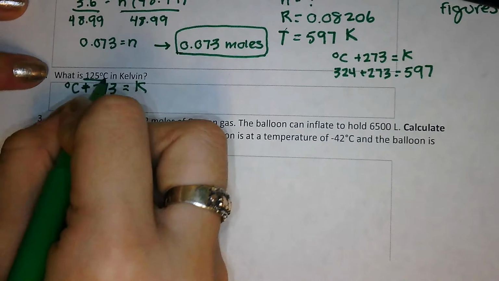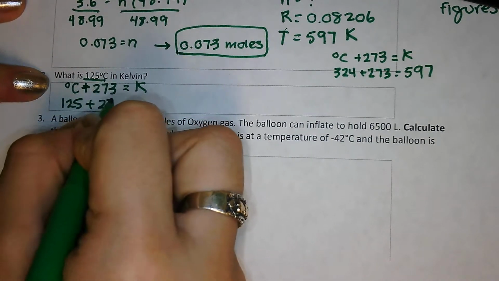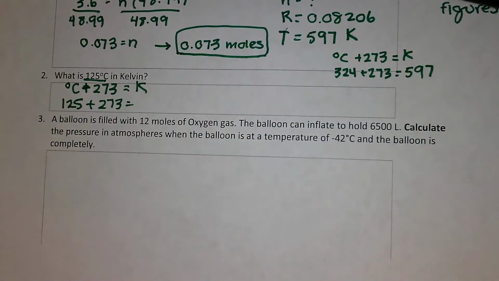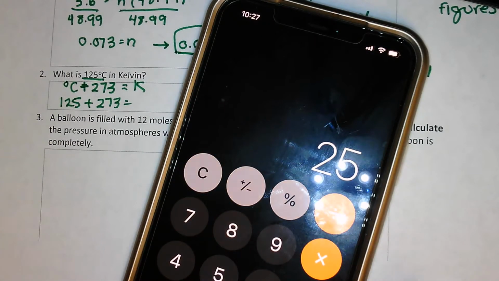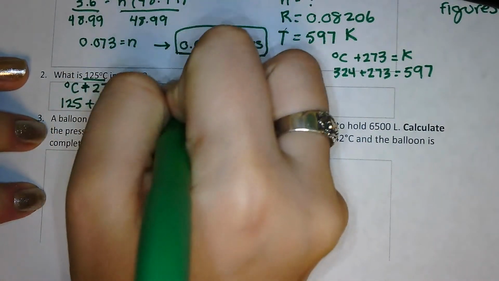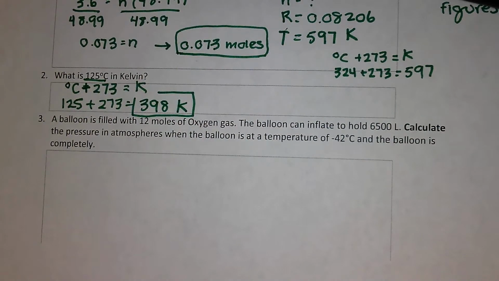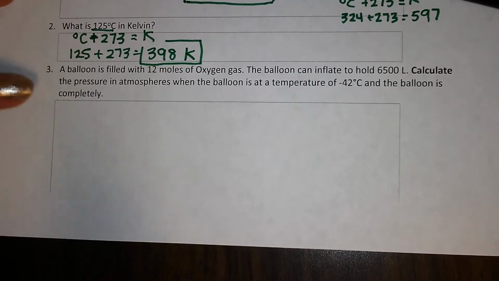So if degrees Celsius are 125, plug that in, 125 plus 273 is equal to, oh man, I messed up, 398. 398 Kelvin, and that's my answer. Super easy.